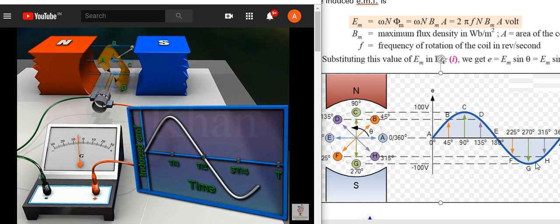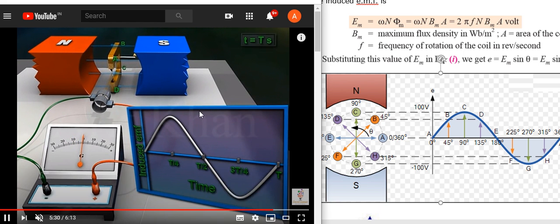At that time the coil has rotated through an angle of 360 degrees, so you get the starting initial voltage. The voltage where you started at A and this point are the same, and then the cycle repeats.